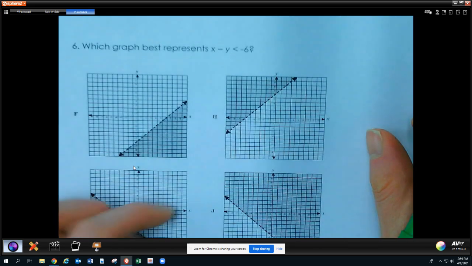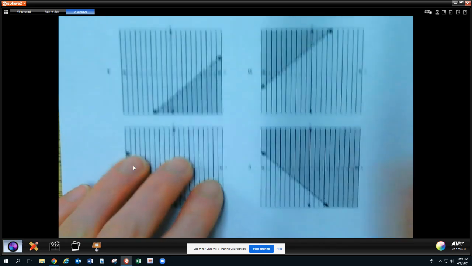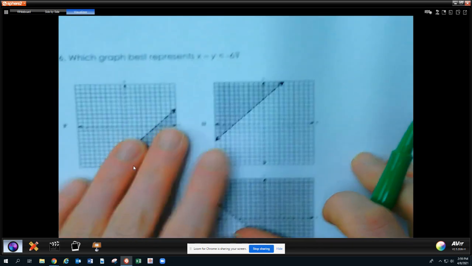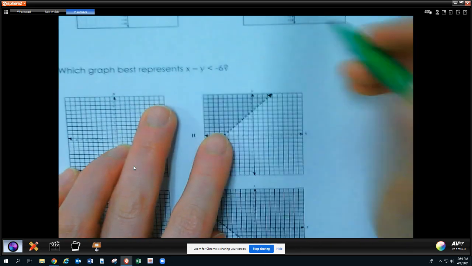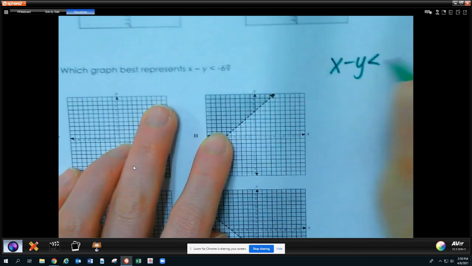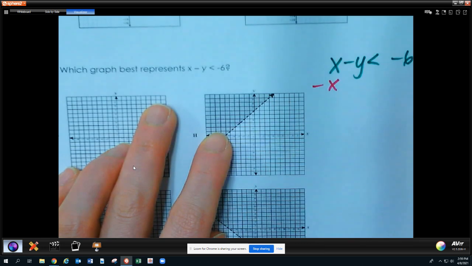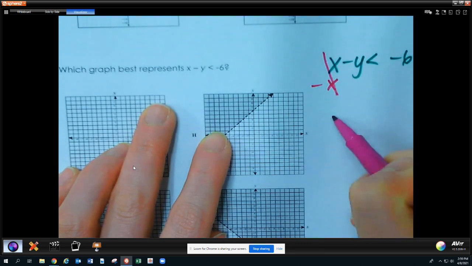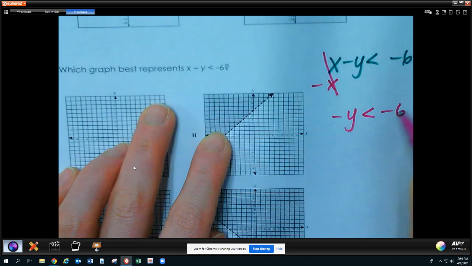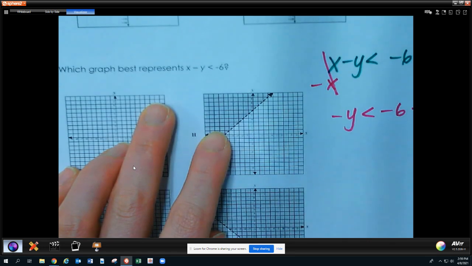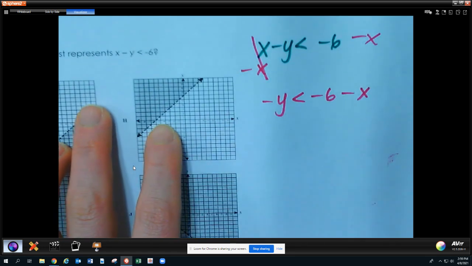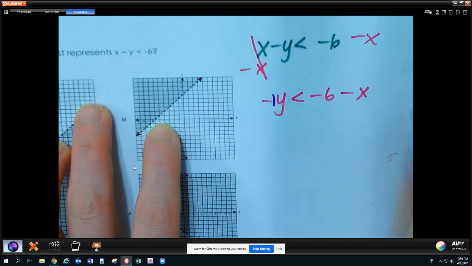Okay, same drill here. Which graph represents x minus y is less than -6? First, we're going to move the x to the other side, leaving me with -y is less than -6 minus x. And so remember, there's an invisible 1 here.